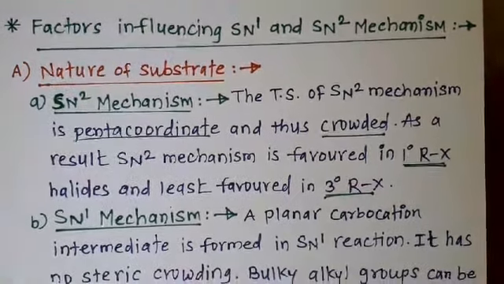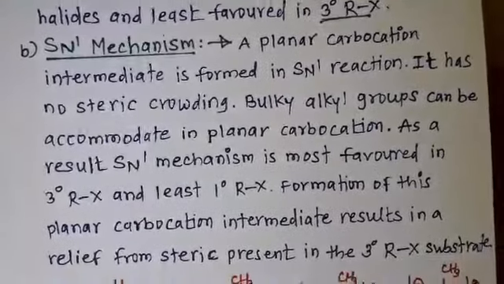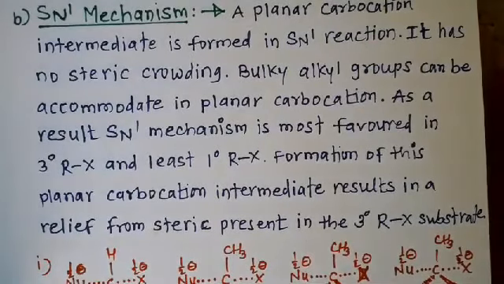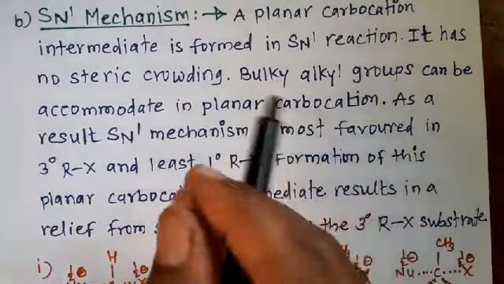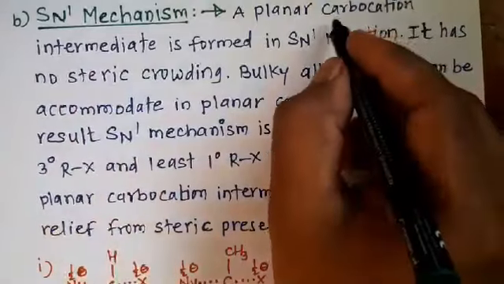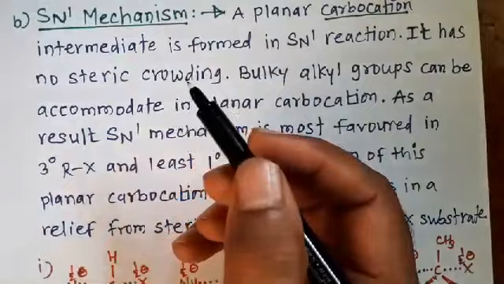Now we study SN1 reaction mechanism. We know that SN1 reaction mechanism has 2 steps. First step is slow. This step is also known as RDS step, rate determining step, and in this step the carbon halogen bond breaks heterolytically and it forms a carbocation, which is a planar intermediate.